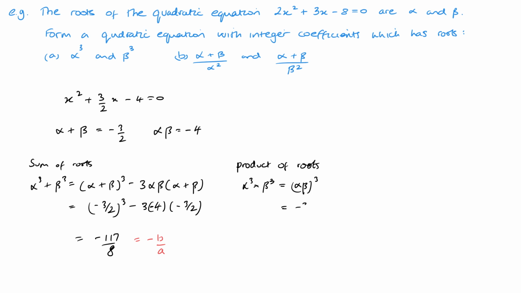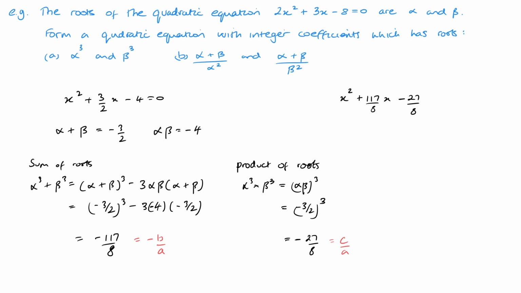So that's going to be minus 3 over 2 cubed, which is negative 27 over 8. And all I've got left to do is put it into my equation. So x squared, now it's minus b over a, but this is minus, so 117 over 8 will be positive there, x, and then minus 27 over 8, as this is my c over a.